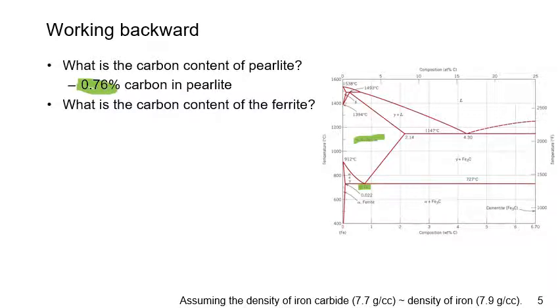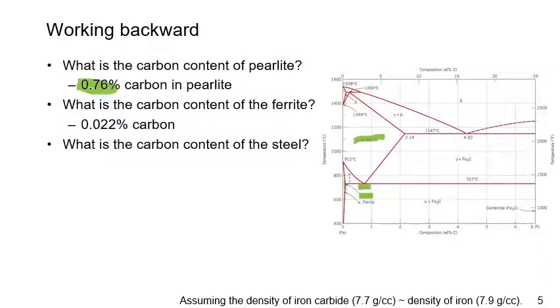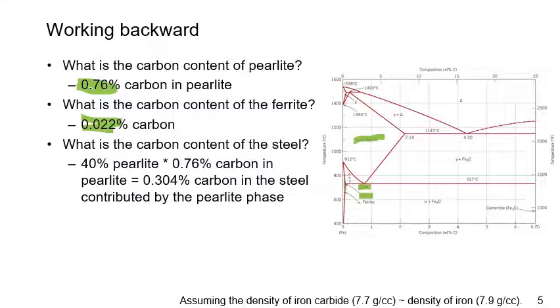And then the carbon content of the ferrite, since it's saturated, is going to be 0.022% carbon. So what's the carbon content of the steel? Well, I know that it's 40% perlite. So if 40% of the microstructure is 0.76% carbon, I just multiply those two and I get that there's 0.30% carbon that's contributed by the perlite phase.